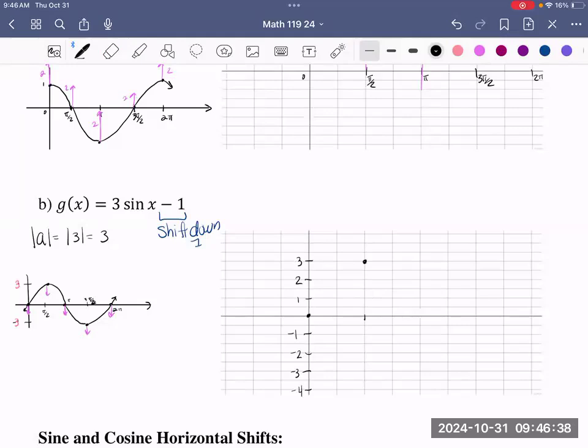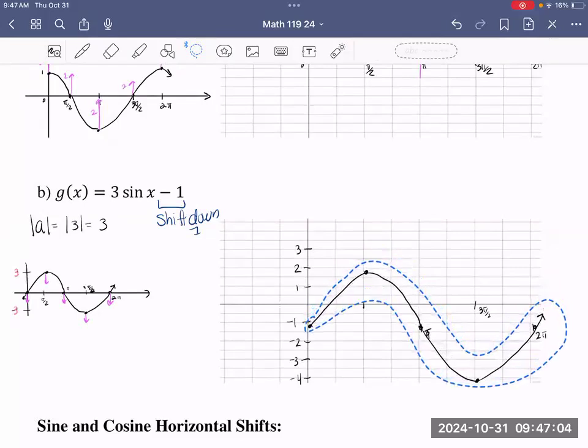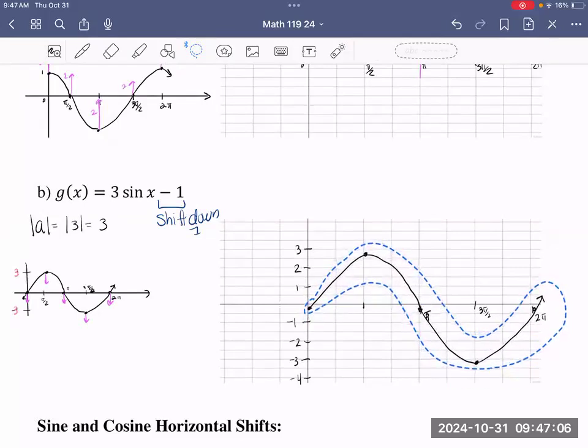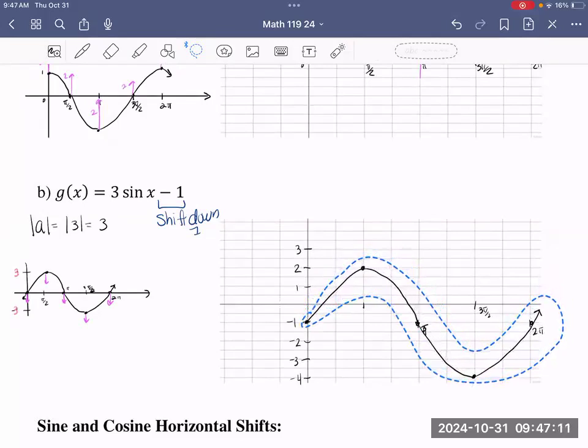So we were up, back down, 3 pi over 2. We're down at 3. And again, I'm going to 3 because that was my new amplitude. So if I was like this, I'm going to shift all of these points just down by 1. So I was here. I'm going to shift them down by 1.